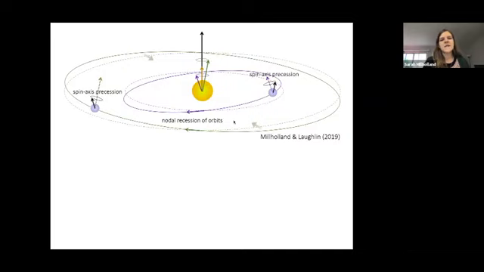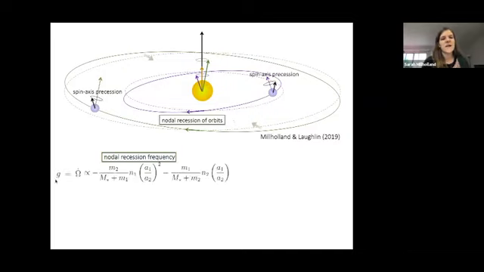And the frequency of this precession we can call G, and in a low eccentricity and low inclination regime it is just related to the masses and semi-major axes of the two planets. In addition to this precession, there is also a precession due to the torque from the star raised on the oblate figures of the planets that causes their spin axes to precess around their respective orbit normals.